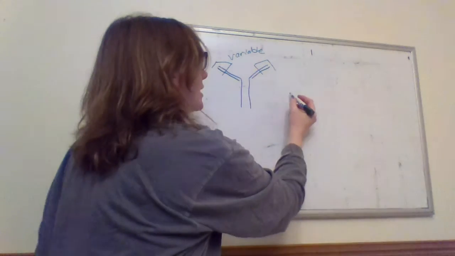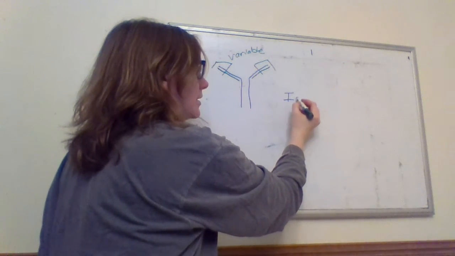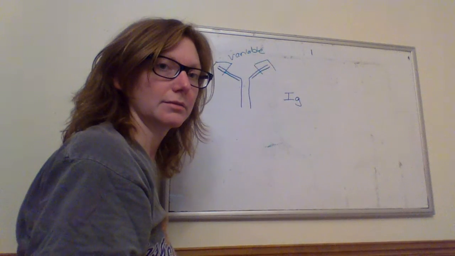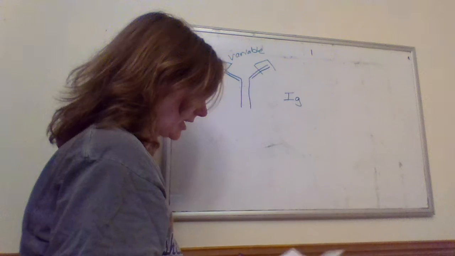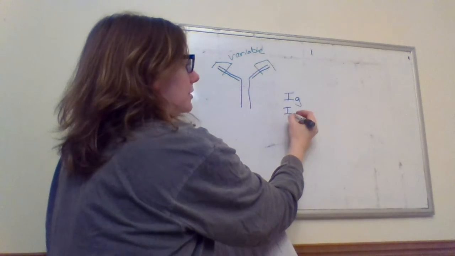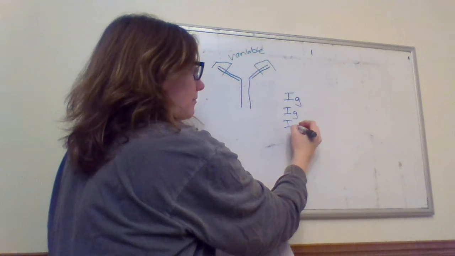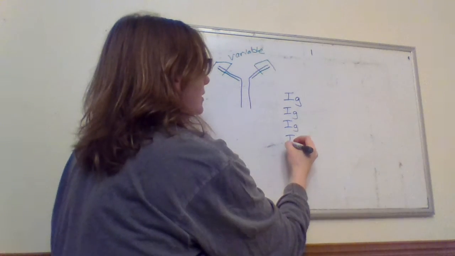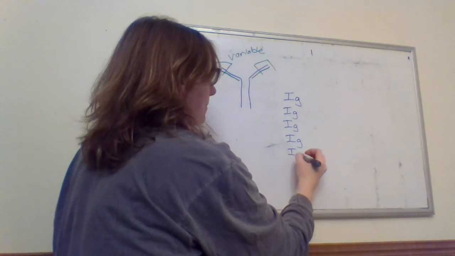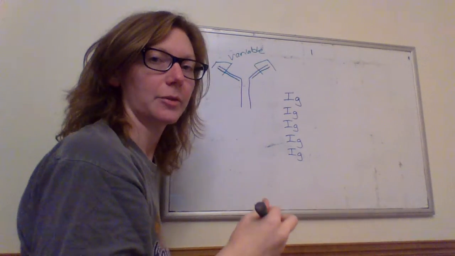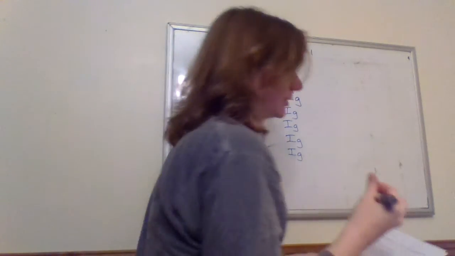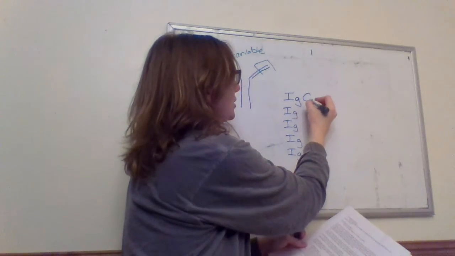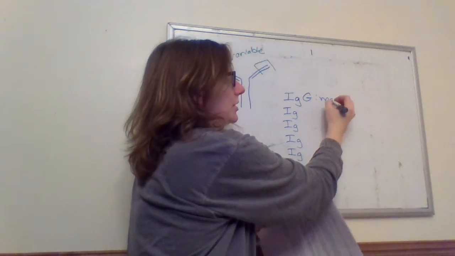Anyhow, they're shortened by Ig, a capital I, lowercase g. 1, 2, 3, 4, 5. And then they have a big letter on the end that sort of classifies them further. So IgG is the most abundant.